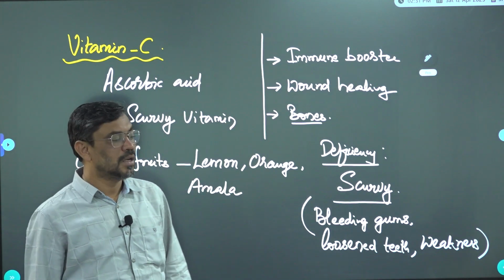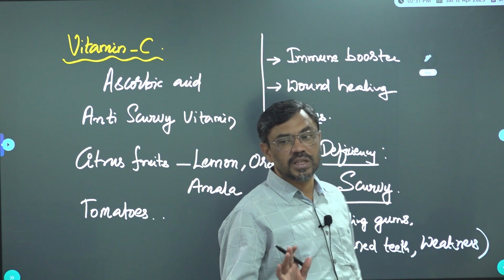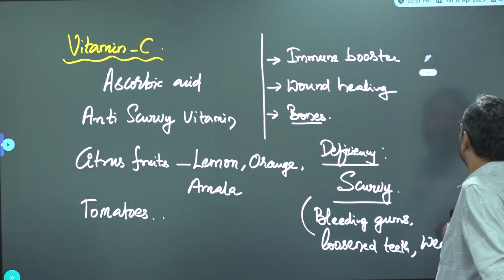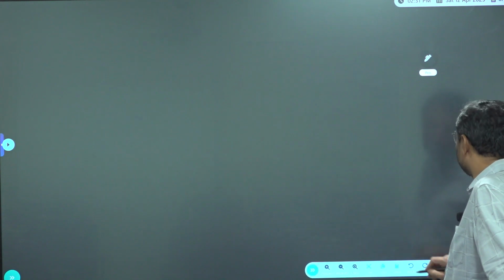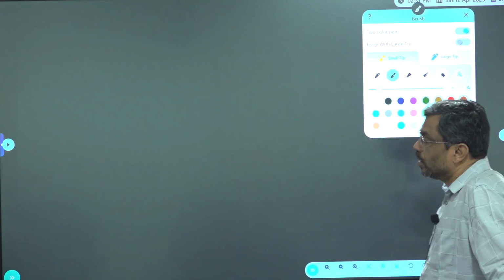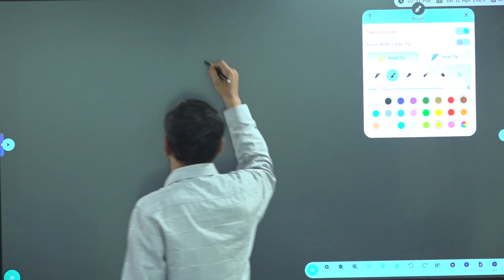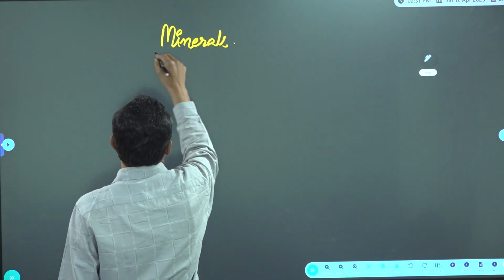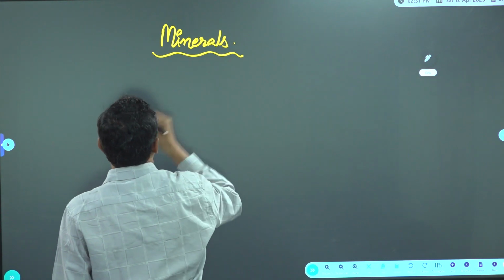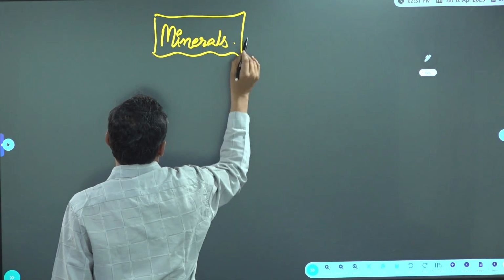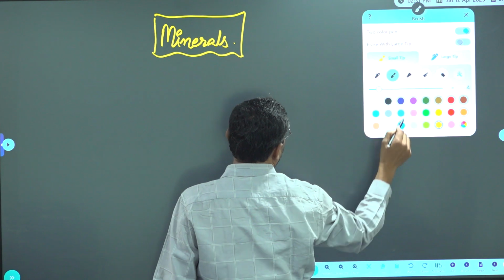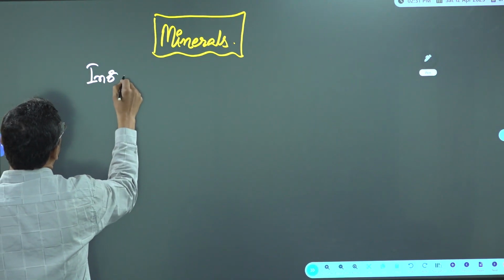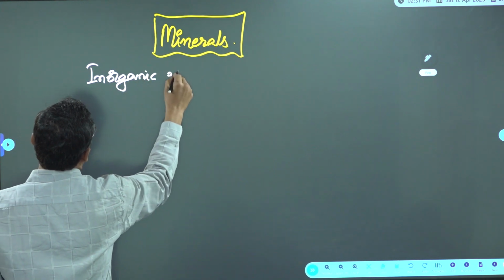The water soluble vitamins include B complex vitamins and vitamin C. Next, let us see the minerals. This is also important. Minerals are the inorganic elements.